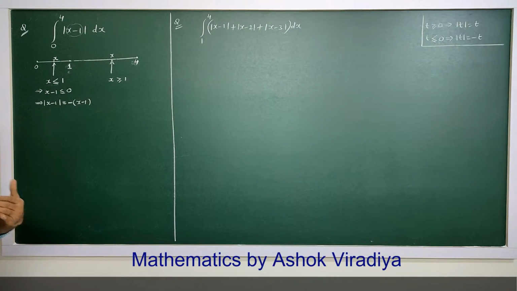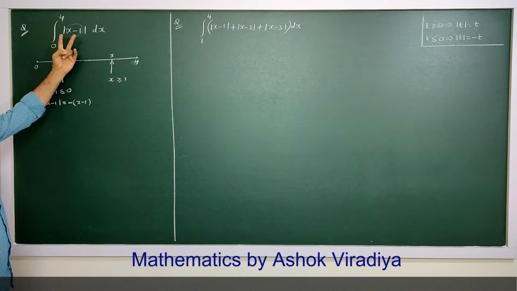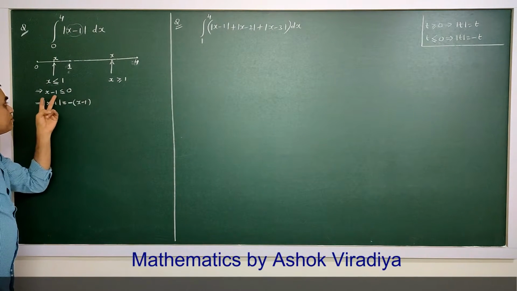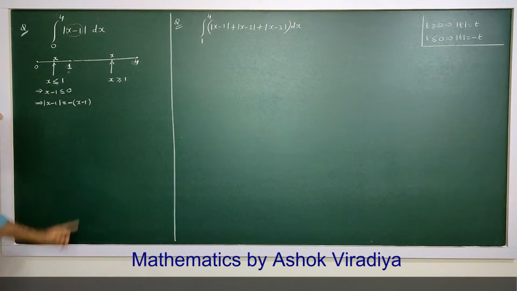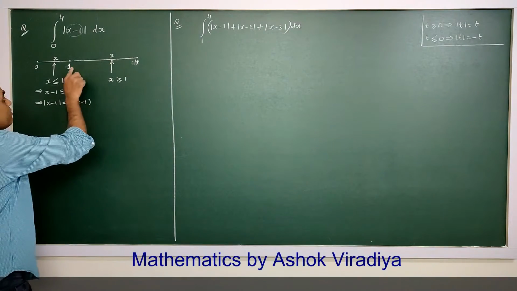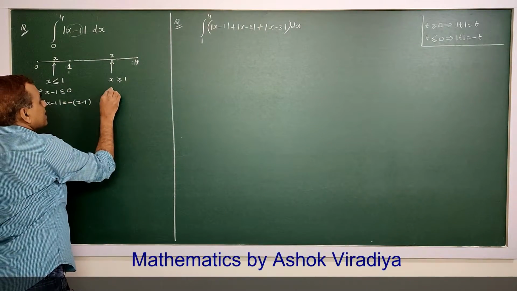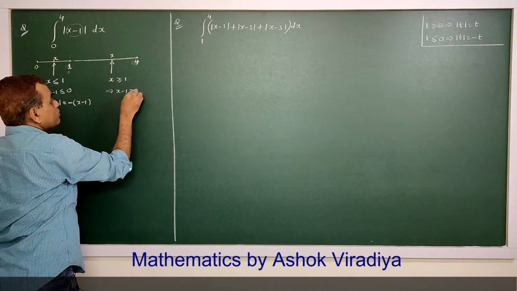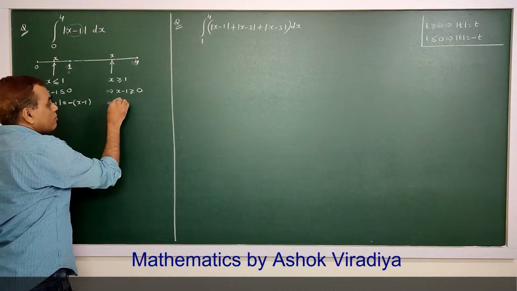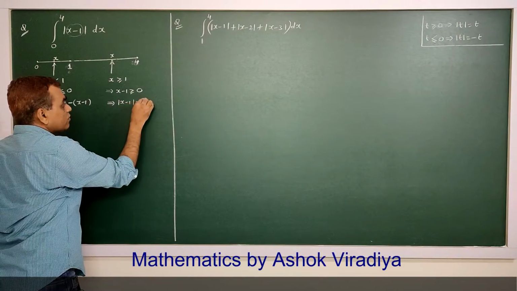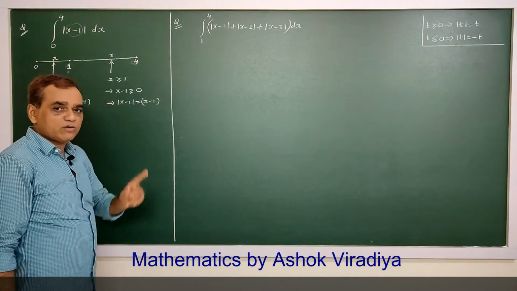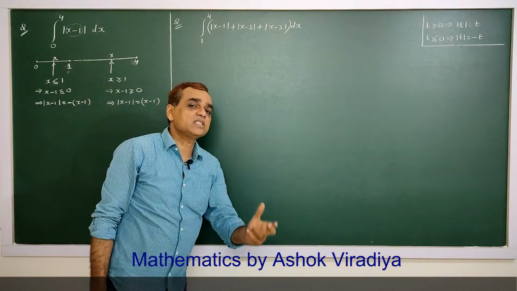To check the sign of this expression, we need the sign of x minus 1 in both cases. So x is more than or equal to 1, that means x minus 1 is more than or equal to 0. That is, modulus x minus 1 equals x minus 1. If t is more than or equal to 0, modulus t is t.